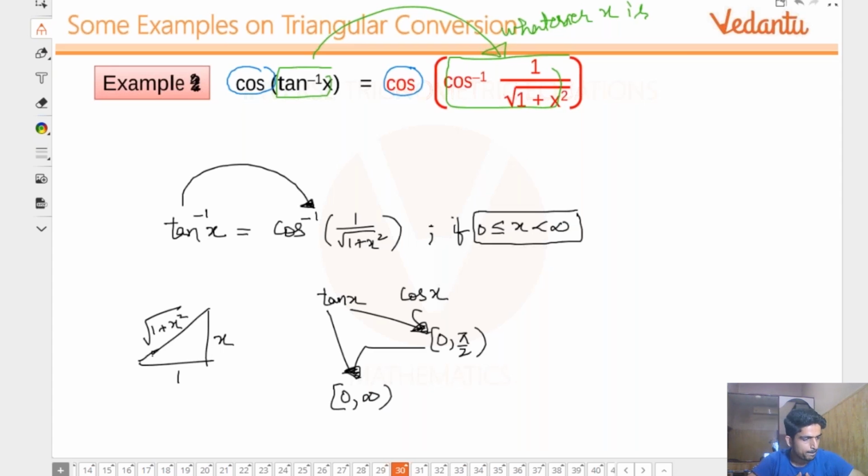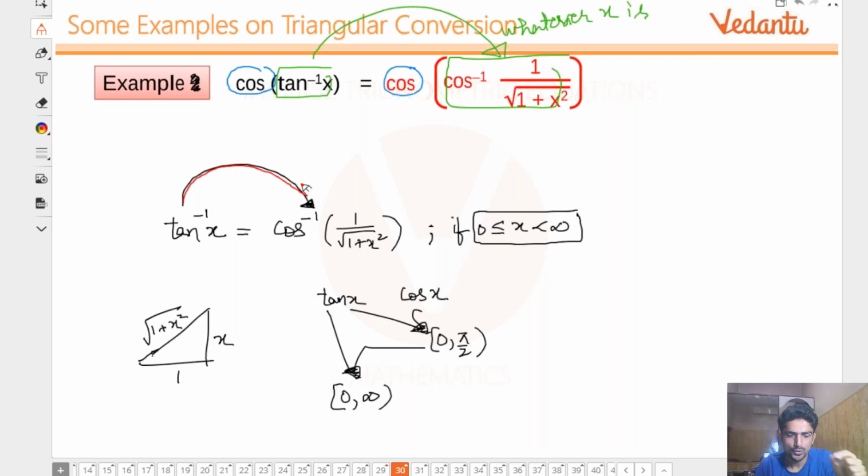Number one, when it comes to convert one inverse to other inverse, this is point one. It's better if you write on copy. Pick your copy and pen. Write first statement.